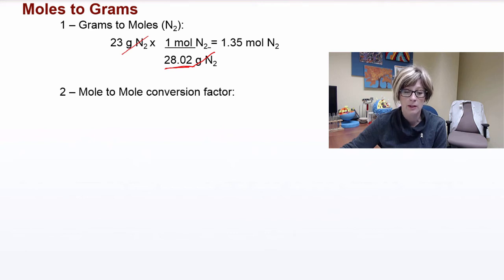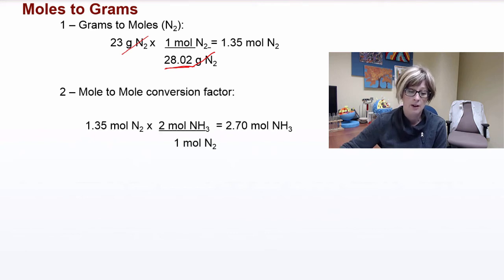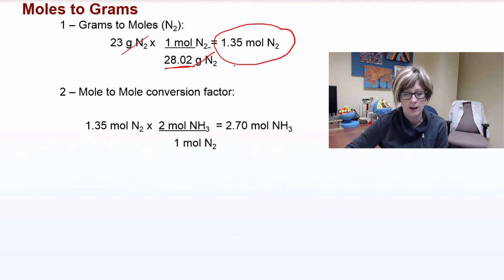Then step 2 is our mole-to-mole conversion factor. See how the 1.35 moles of nitrogen gas that I ended up with is now my given in my second conversion factor calculation. I've got my conversion factor here, my moles of the nitrogen gas cancel out, and I'm left with moles of the ammonia, which is what I want.